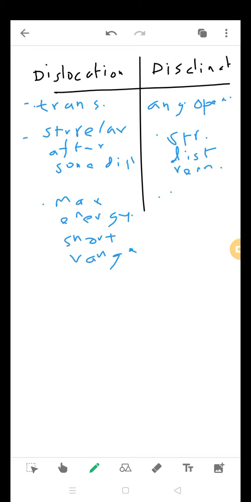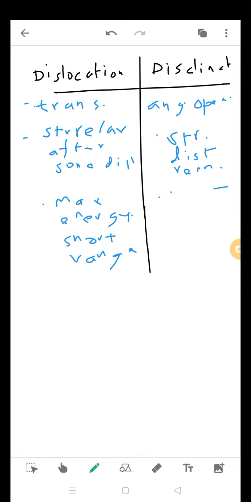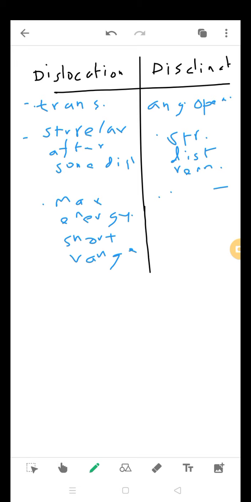However, there is an increase in energy at long distance.